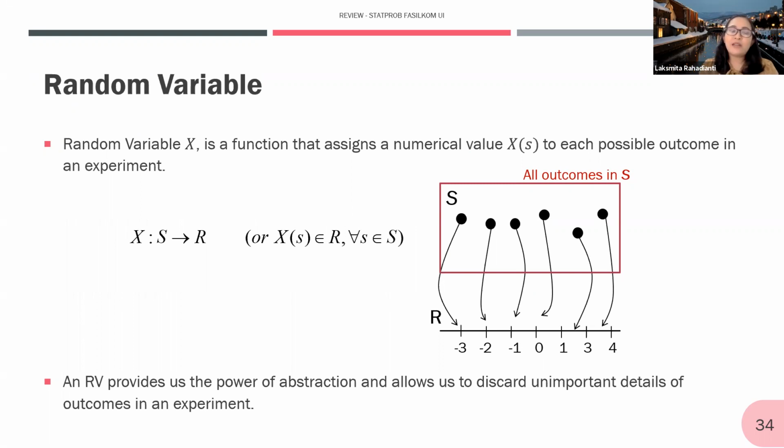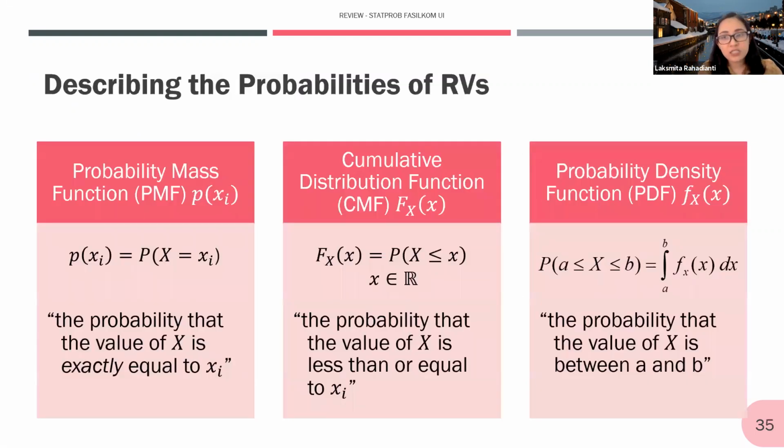And if I have random variables like this, I have to be able to describe how they are distributed. I have 3 different functions that I can use to talk about how this random variable x is distributed.